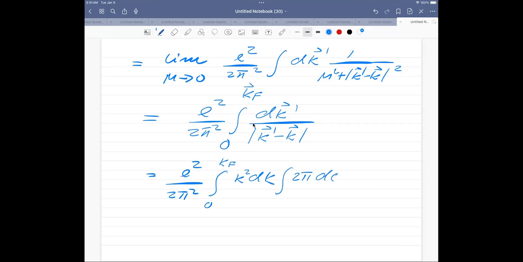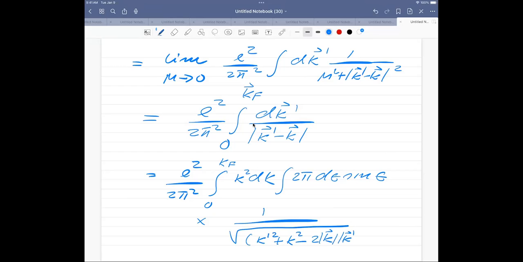There is no dependence on theta, but I have a sine theta here multiplied with 1 divided by the square root of k prime squared plus k squared minus 2 times the absolute value of k vector, k prime times cosine theta, like that.